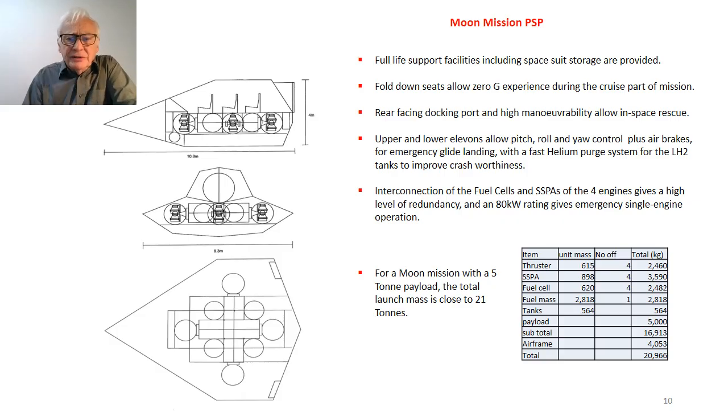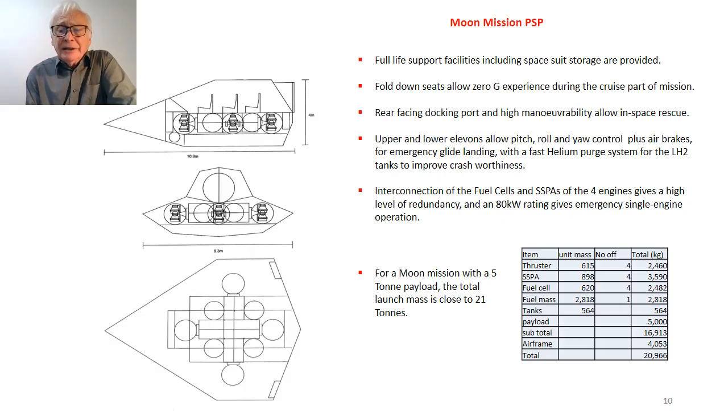Safety considerations, particularly for space tourism applications, are very important. And you can see that the interconnection of the 4 engines via the fuel cells and SSPAs gives a very high level of redundancy, and the 80 kilowatt rating of a single engine allows emergency single engine landing if necessary.